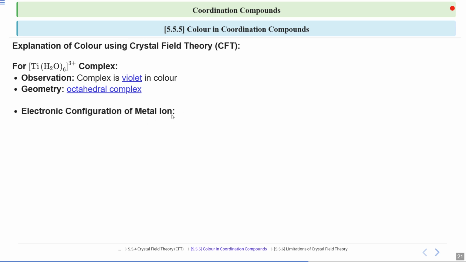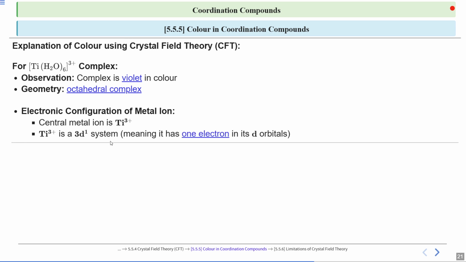The central metal ion is titanium in the 3+ oxidation state, so its configuration will be 3d1. It is a 3d1 system, meaning it has only one electron in its d orbital.